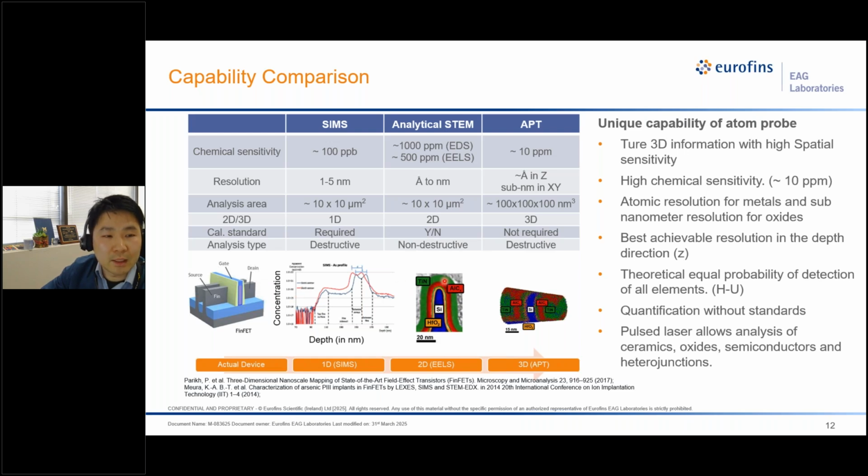On the other hand, TEM can be used for imaging, and combined with EELS or EDS, it can map out the different elements in the structure, like this FinFET structure. And atom probe provides three-dimensional information in a similar structure, with high spatial resolution and high chemical sensitivity. Later on, we will show you more examples on the application.